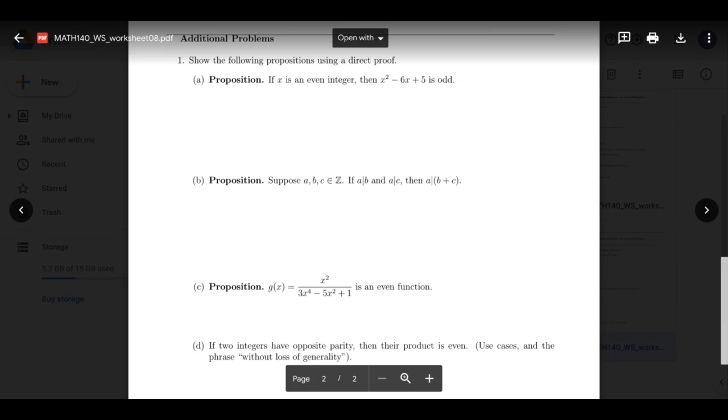Okay. A divides b means a is a factor of b. So b can be written as ad, d is some integer. A divides c, that means c can be written as ae, e is some integer. So then b plus c equals ad plus ae.